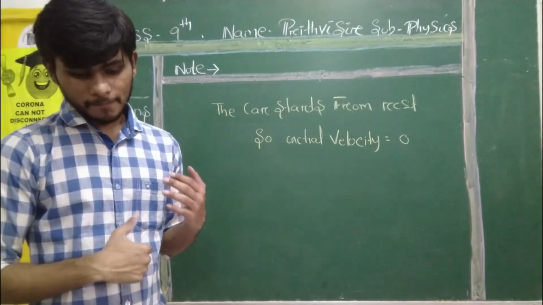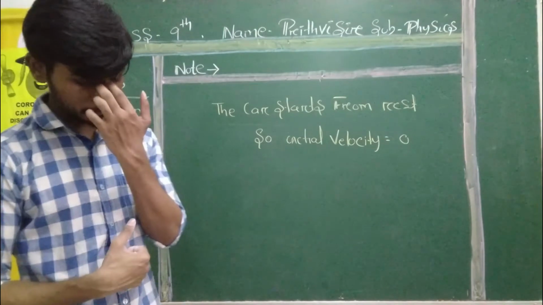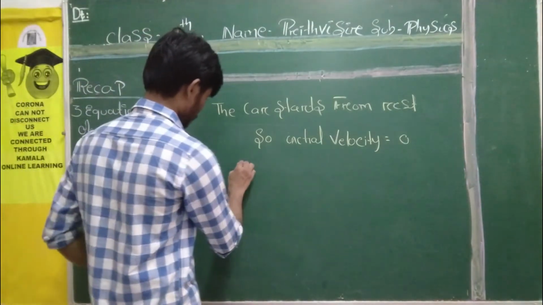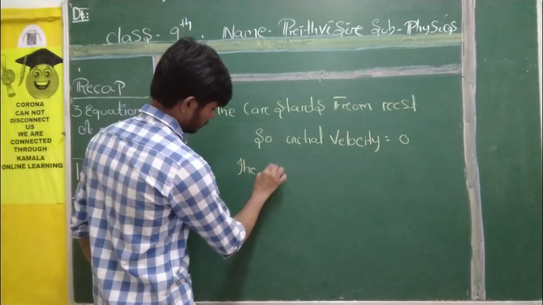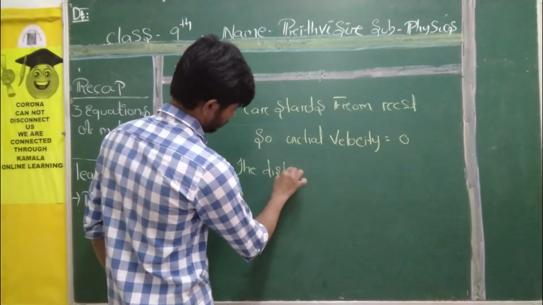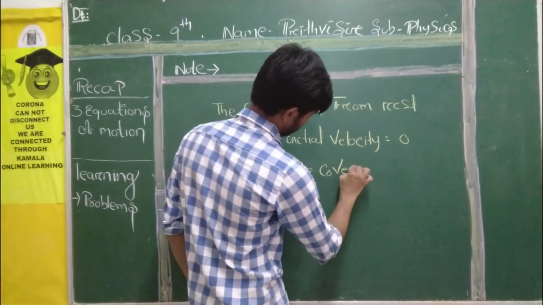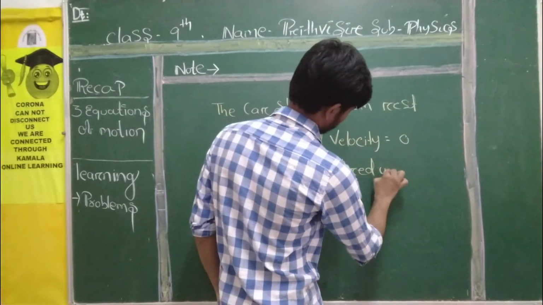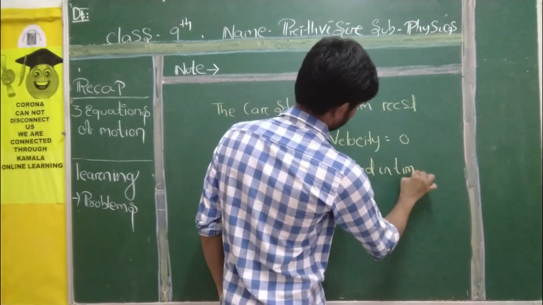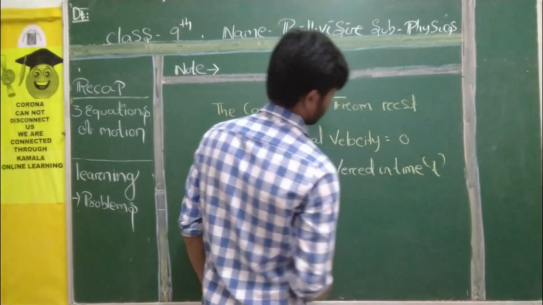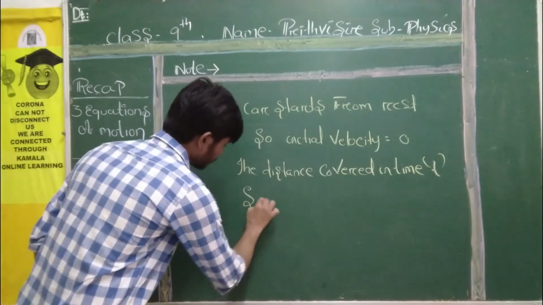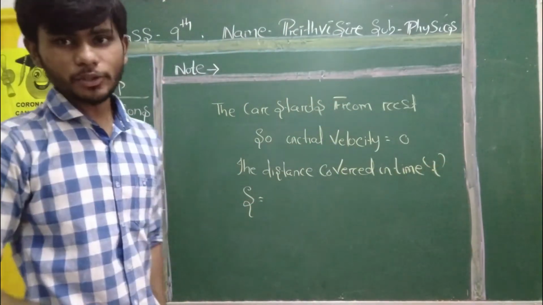Now, the distance covered in time t: s is equal to ut plus half at square.